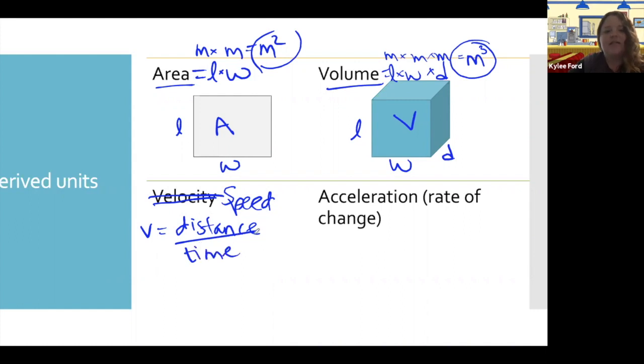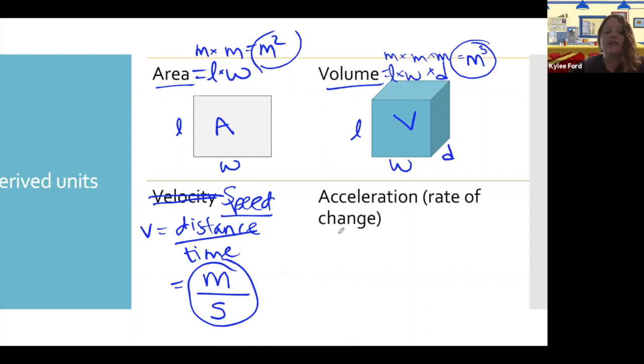Think about it this way: if you're driving down the highway going 55 miles per hour, that's your distance divided by your time. Our distance in that case would be miles, but in our metric units, we want to say meters, and in time, instead of hours, we should write seconds. This is going to be standard for this course.